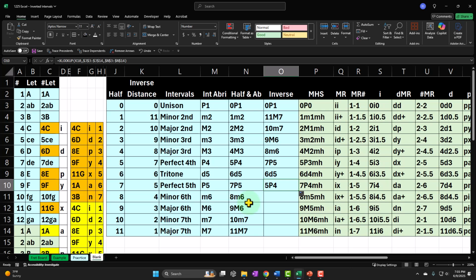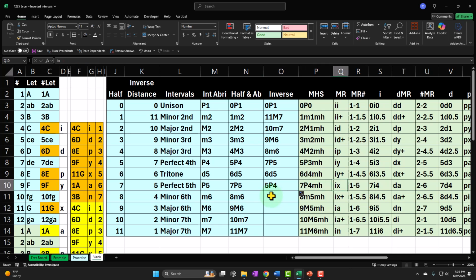So these ones get confusing, by the way, because a 5 note away perfect fourth and a 6 note away fifth, right? I'm sorry, the perfects are inverse. A 7 note away perfect fifth gets confusing. These two get confusing sometimes. But we just have to know that that's going to be a perfect fifth.